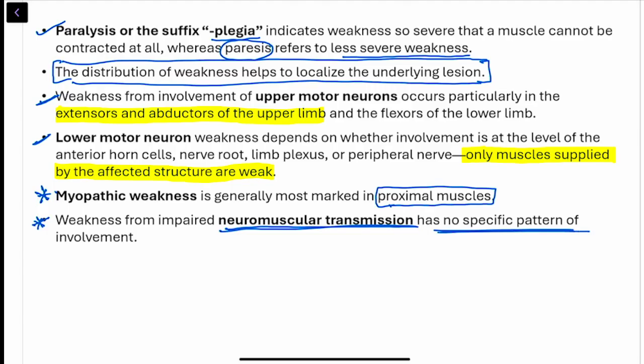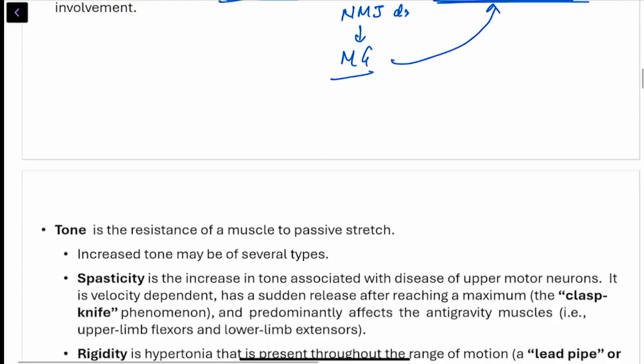Very important. It means neuromuscular junction disorders like myasthenia gravis will have no specific pattern of involvement. So the pattern of involvement is different in upper motor, lower motor, myopathic and neuromuscular.